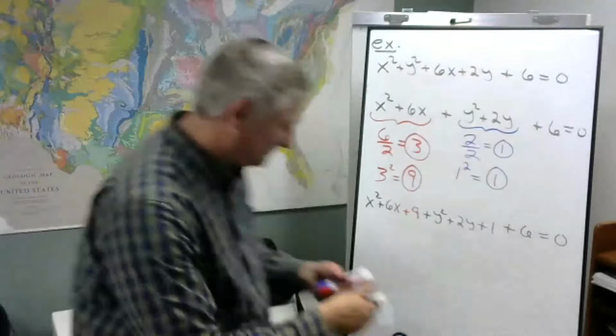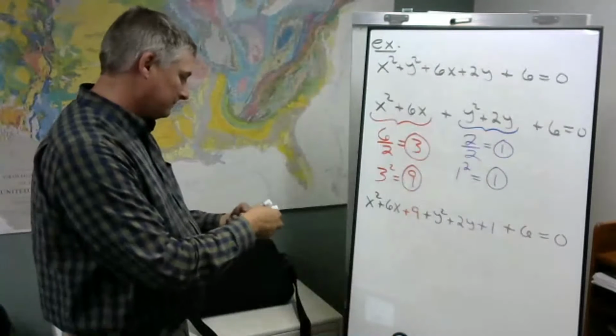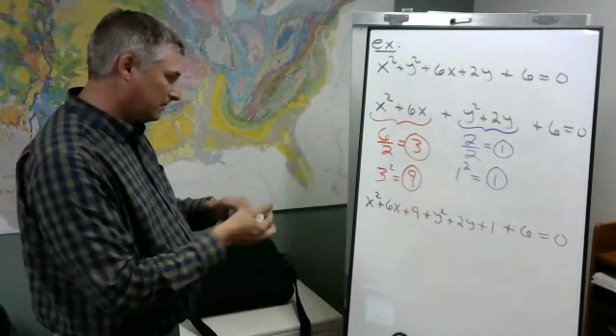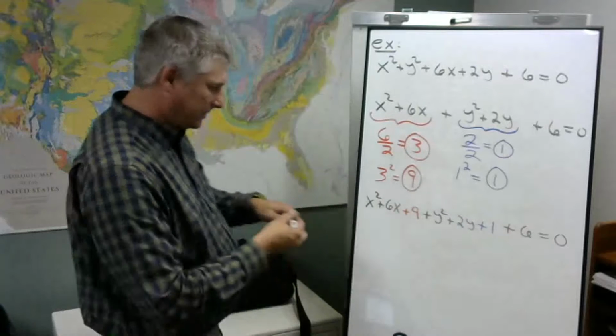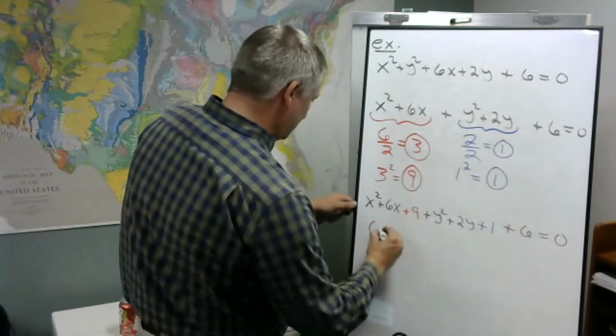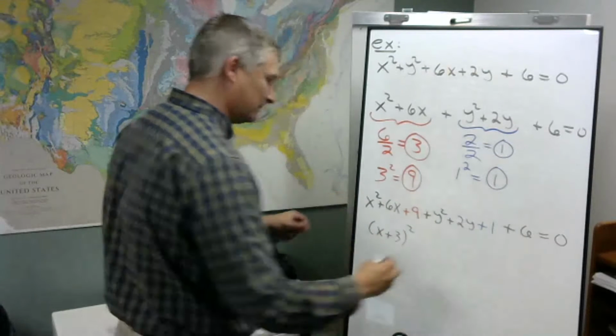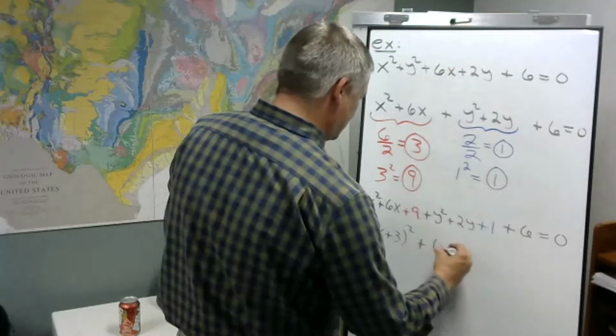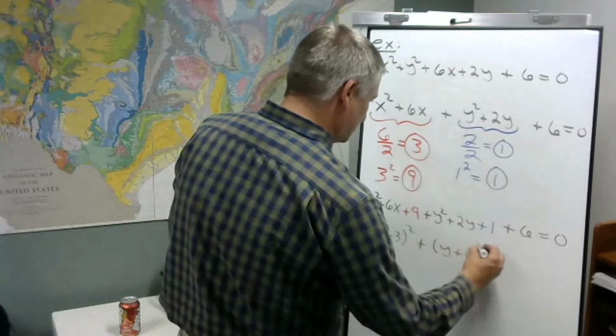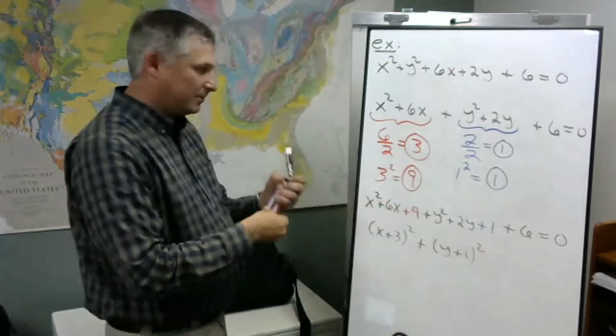And so this is what we get. Now, if we complete the square here, this will be x plus 3 squared plus y plus 1 squared. And I don't want to forget, I'm sorry, I forgot to put this in here.